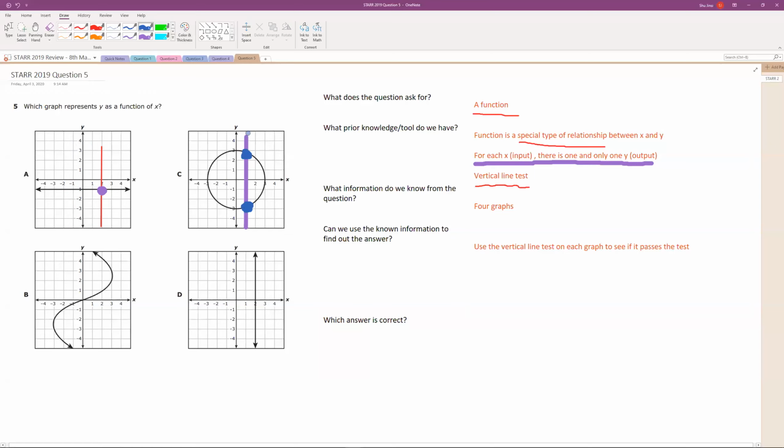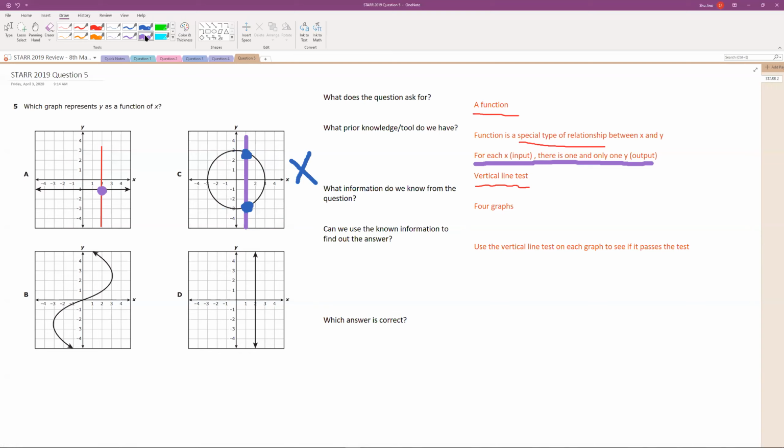That means for the same x, this graph has 2 different y values, so that doesn't meet our criteria. For the same x, there should be one and only one y. But on this graph, it has 2 y's, one positive, one negative. So this one is not a function.